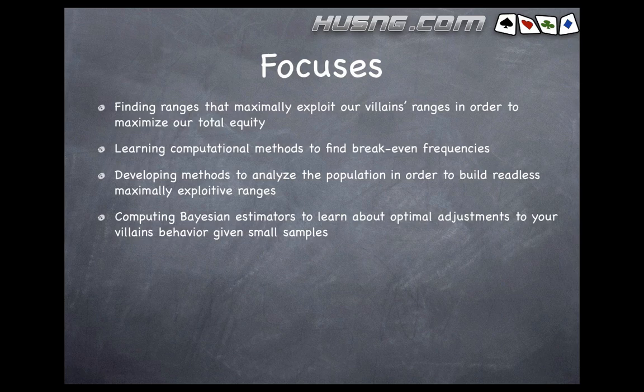They also end up strengthening our sense of the population tendencies, because they're Bayesian, they're actually built from the population tendencies. And so they allow us to think about making adjustments as moving our readless ranges away from being readless, as sort of changing our population into a small subset of the population that includes our villain, or is centered around our villain's small sample size.